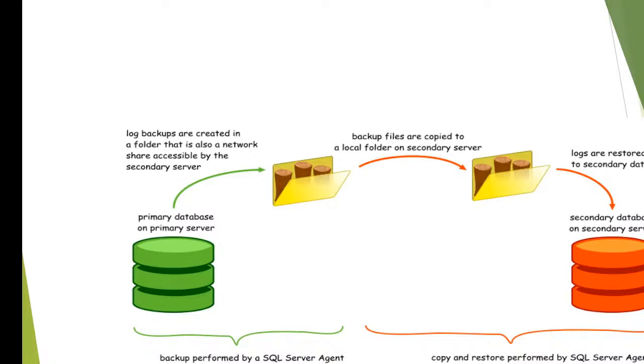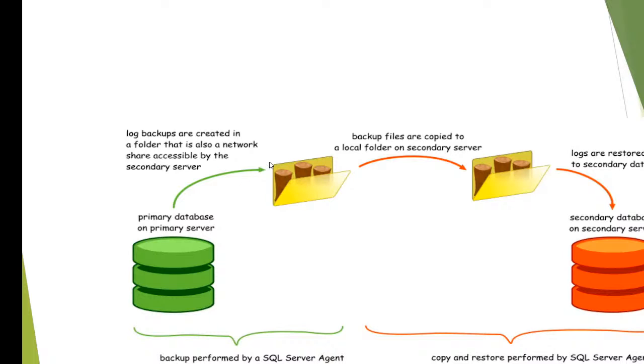On secondary we have to restore with no recovery, and once everything is set up, then we build the log shipping. Once the log shipping is built, it will automatically take care of your log backup, log copying and log restoring.